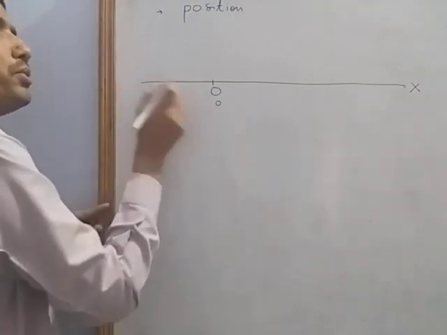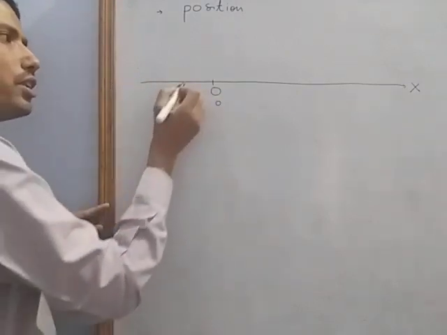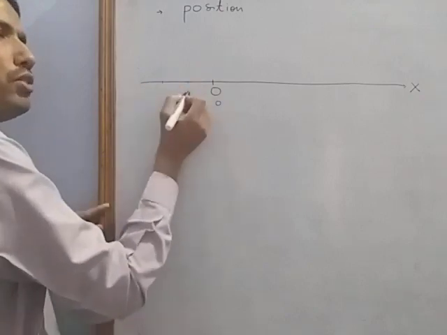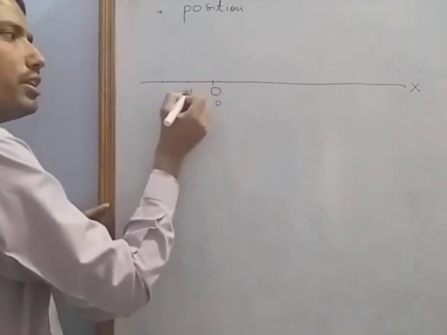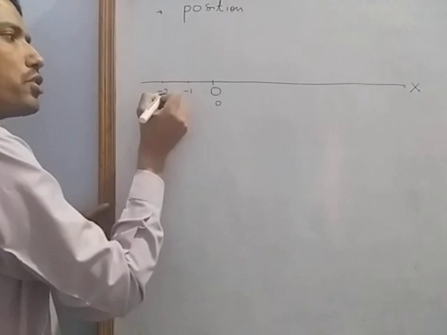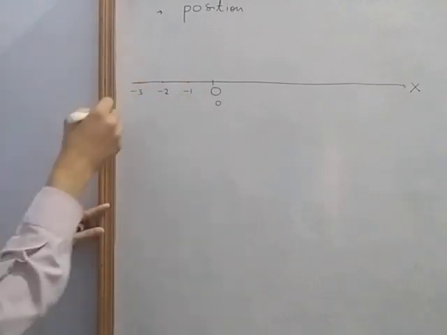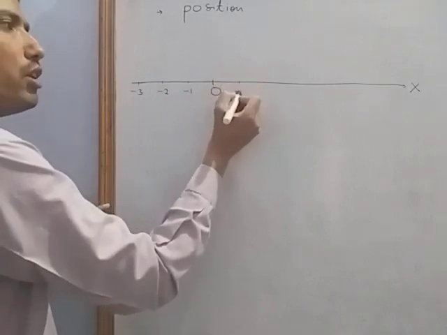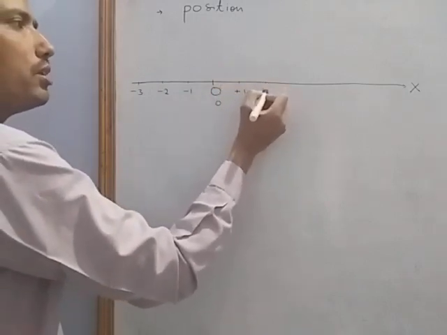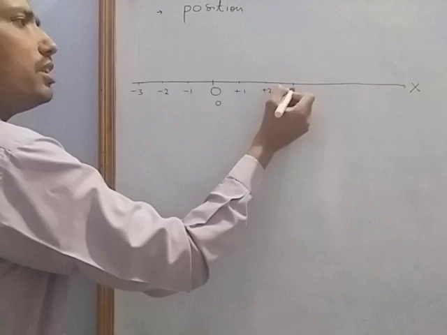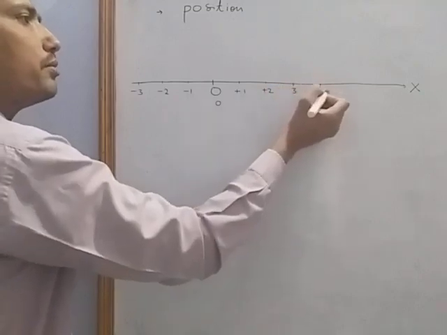To the left of the origin, by convention, we put negative values for positions, like -1, -2, -3 and so on. And to its right, students, we assign what kind of values? Positive values, +1, +2, +3 and +4 and so on.